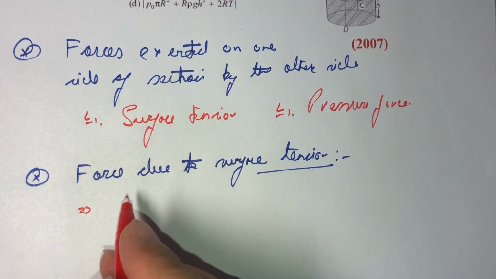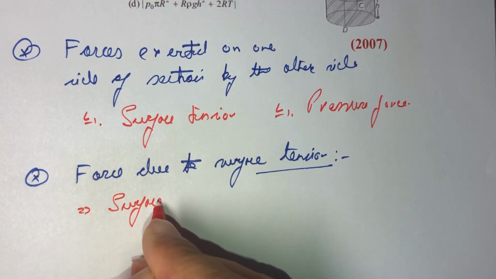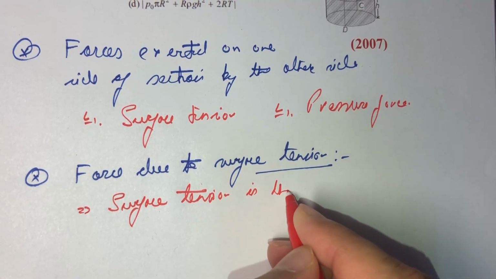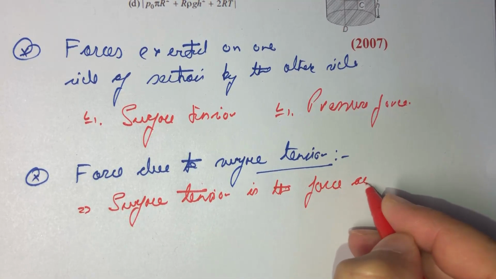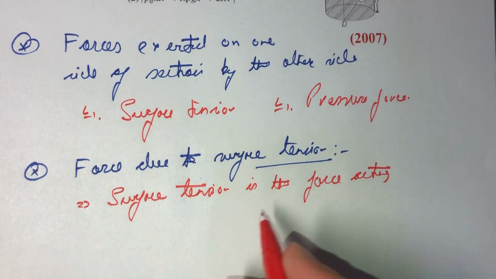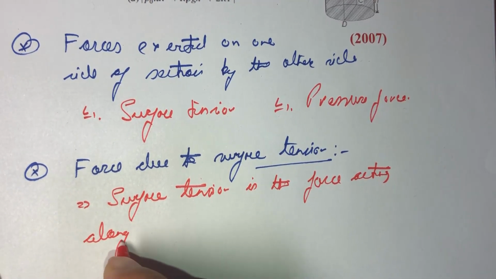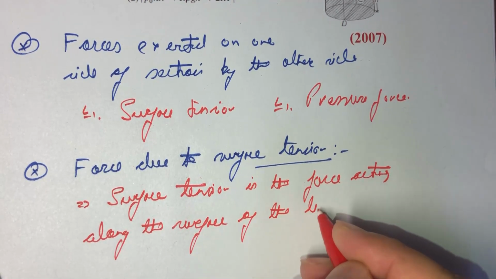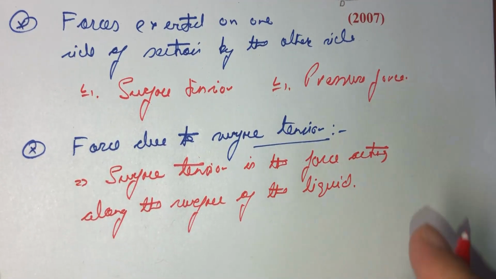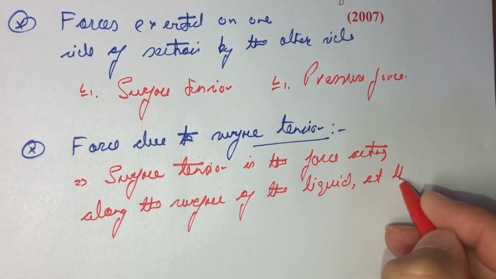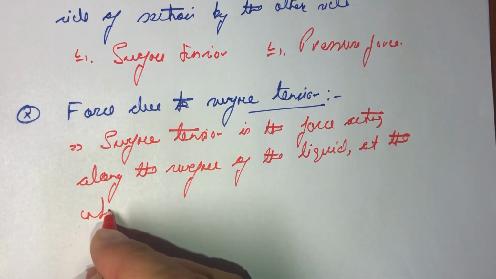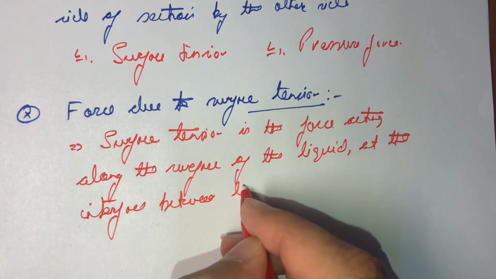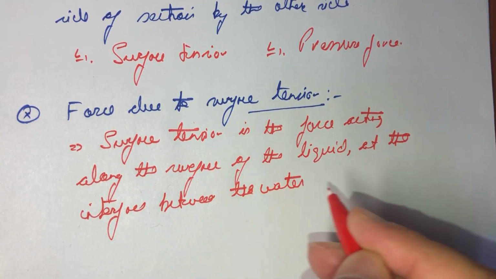We can say that surface tension is the force acting along the surface of the liquid at the interface between the water and air.